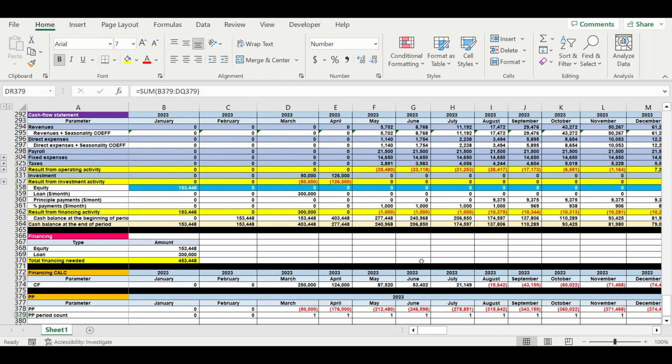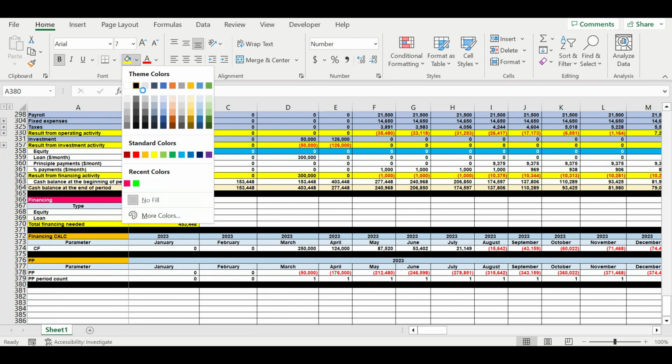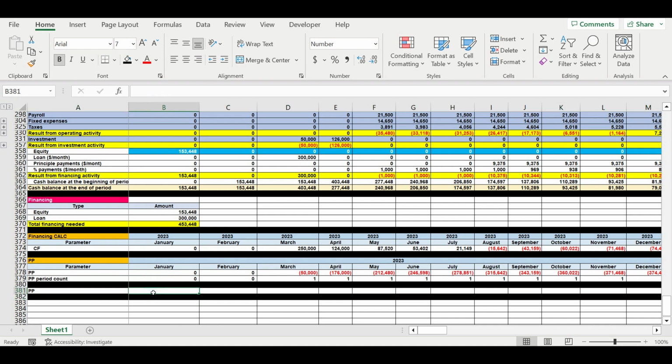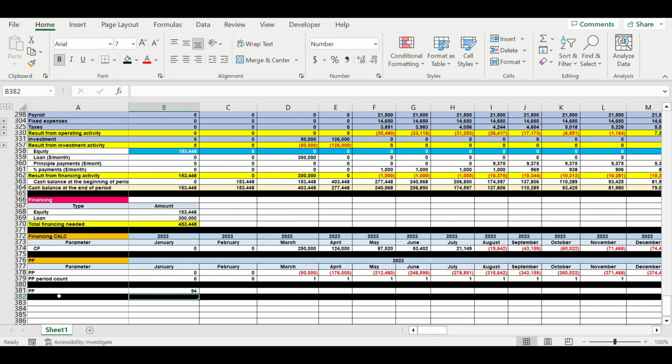So for example, let's create a diagram of that. Payback period. I will bring the totals a little bit closer.